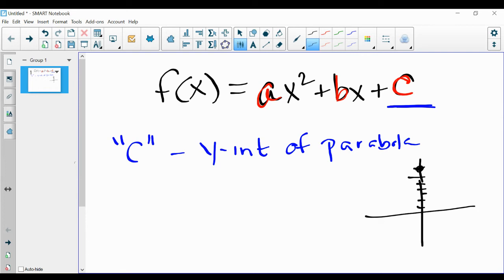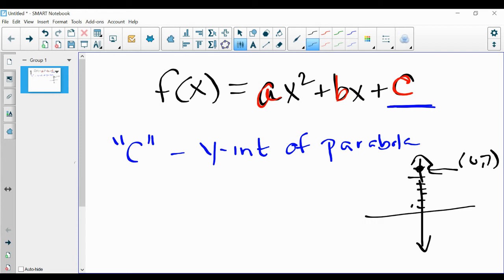Okay, because c is always going to be the y-intercept. Okay, and the y is on the y-axis. And also, just to note, the point here is (0, 7).